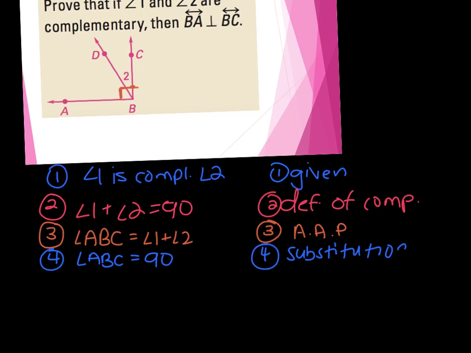And if angle ABD is 90 degrees, what's true about those lines? If it equals 90, then they're perpendicular.